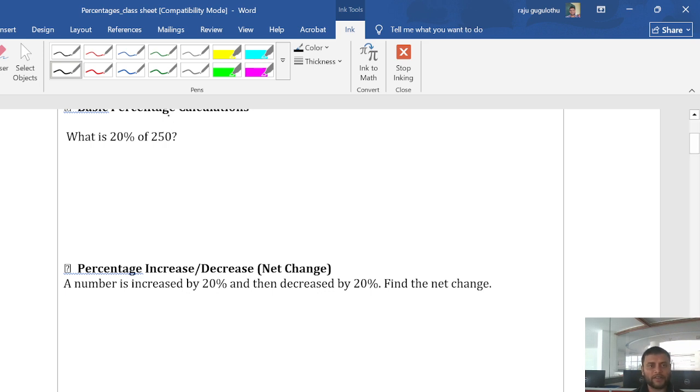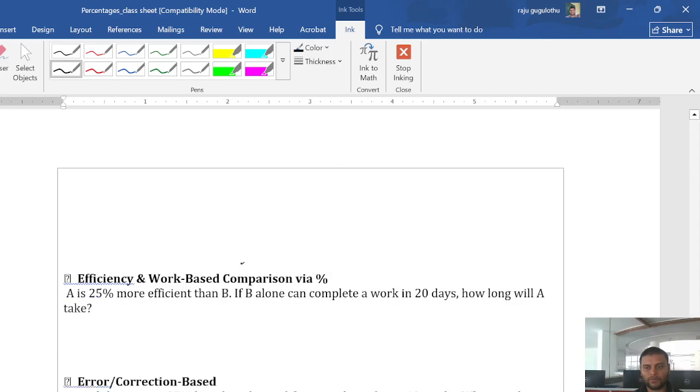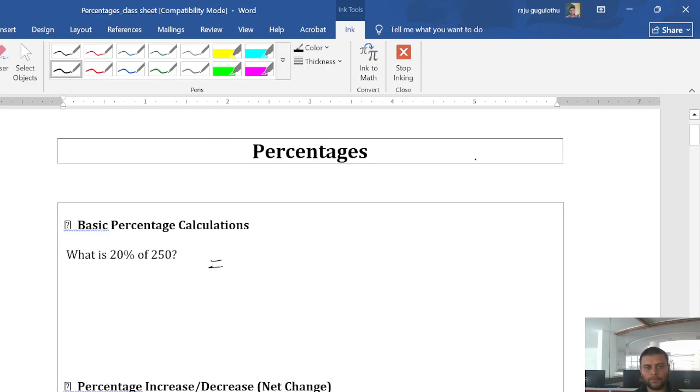So, friends, to find 20 percentage of 250, simply you have to write like this. 20 percentage of 250. 20 percentage means 1 by 100 times 20, which is multiplied with 250.